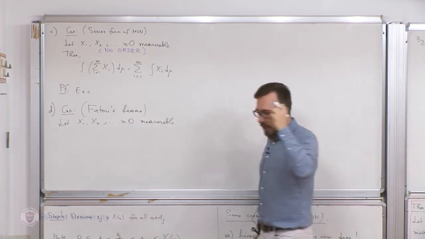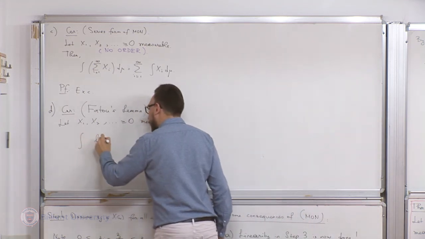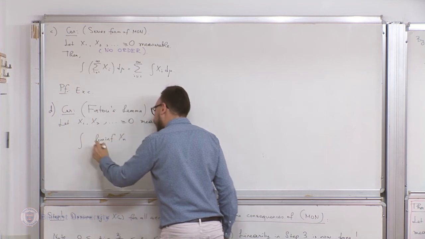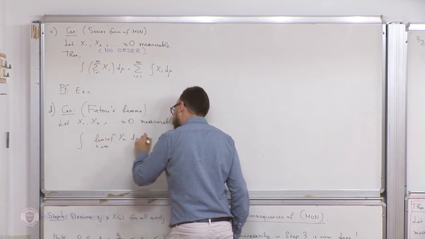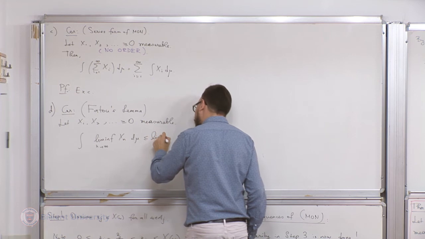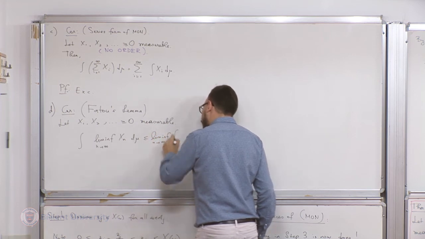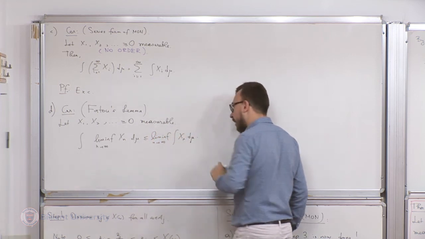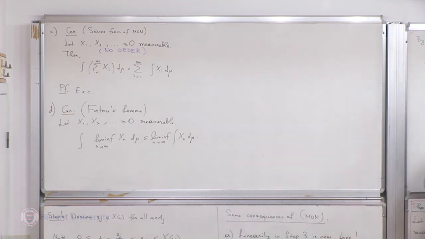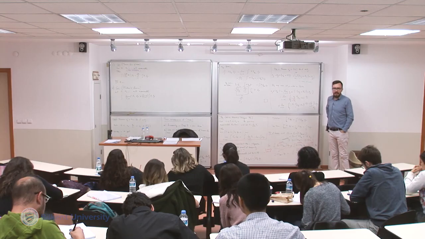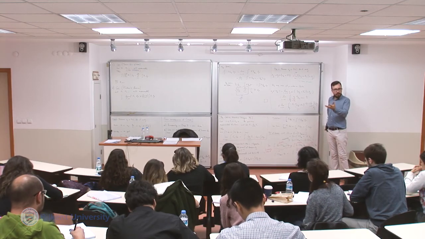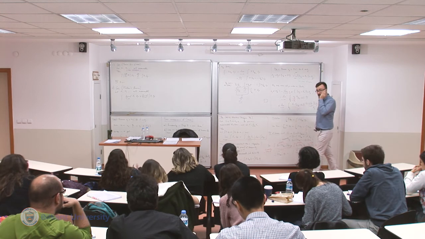Then the integral of the lim inf of xn's is less than the lim inf of integrals of xn's. So that's only a one-way inequality. It's not an equality. So it's not as powerful as monotone convergence theorem.